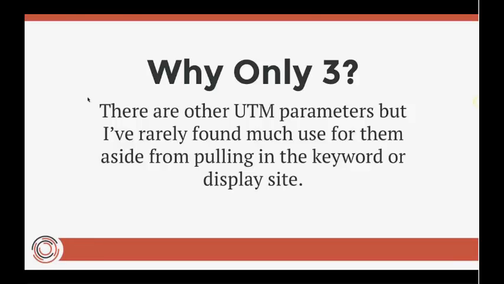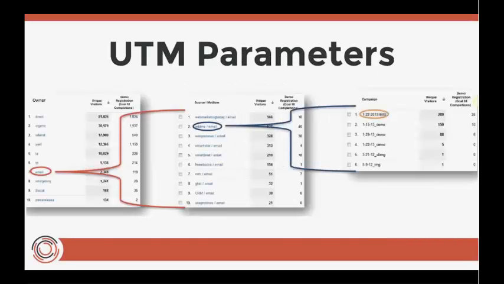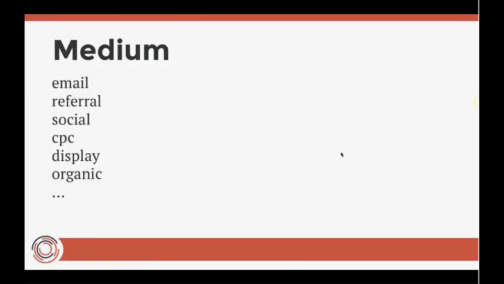But I never really found a lot of value in the content UTM, simply because I wanted to be able to see how this was performing within 3 steps. So a lot of the stuff that you would probably normally put in the content UTM, I kept on the campaign level, and I'll show you exactly how that breaks down here in a minute.